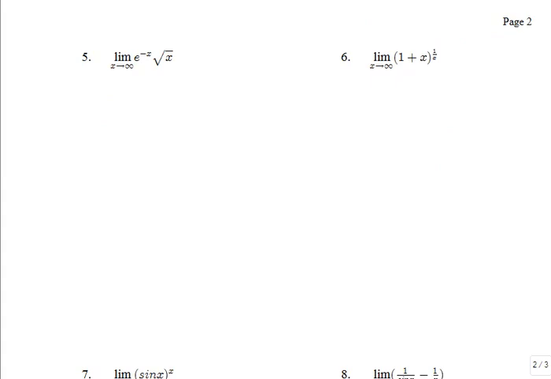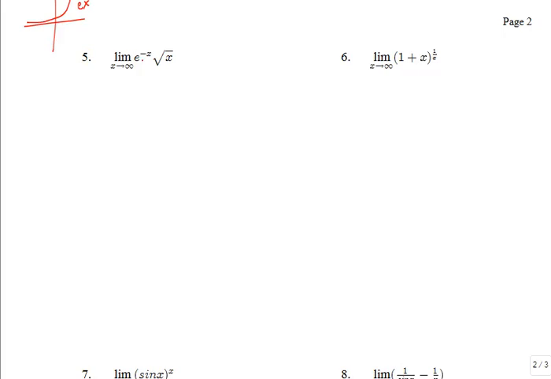All right, let's try some more examples where we have to be a little bit more creative in terms of turning it into either 0 over 0 or infinity over infinity. If we look at this next example, we have e to the negative x times square root of x. If we plug in infinity right away, we want to know what e to the negative infinity is doing. Think about the graph of e to the x, exponential growth.